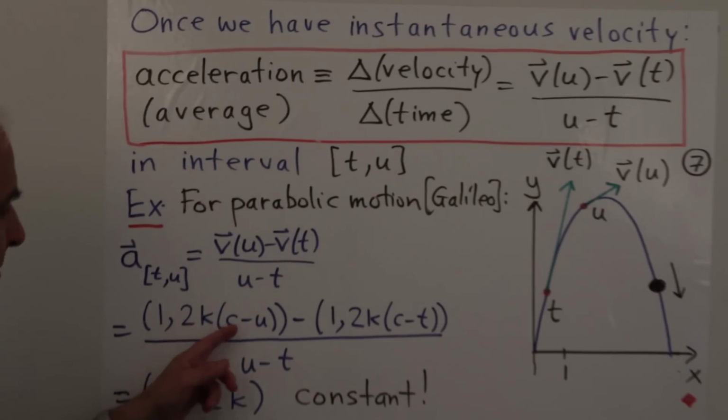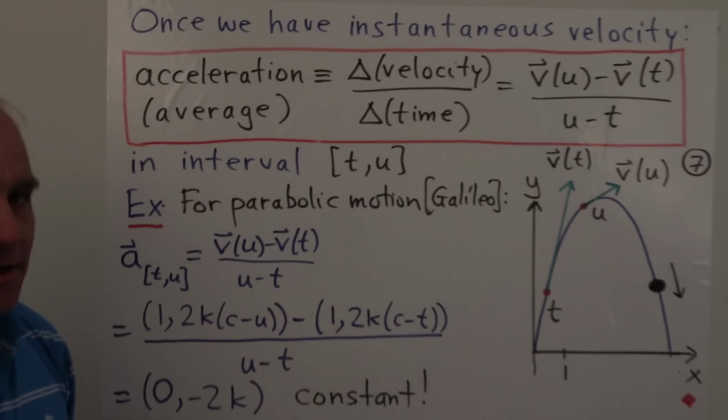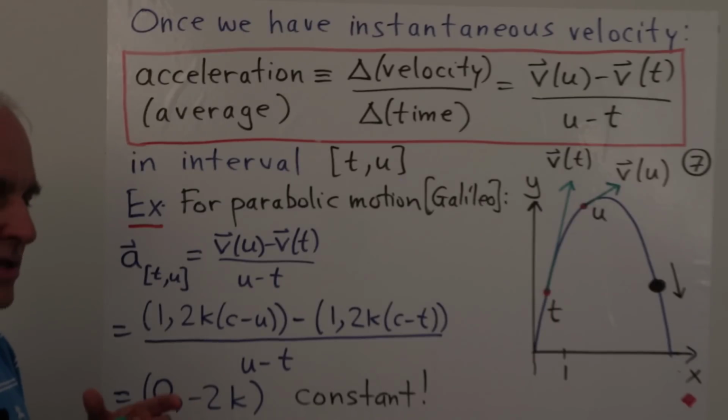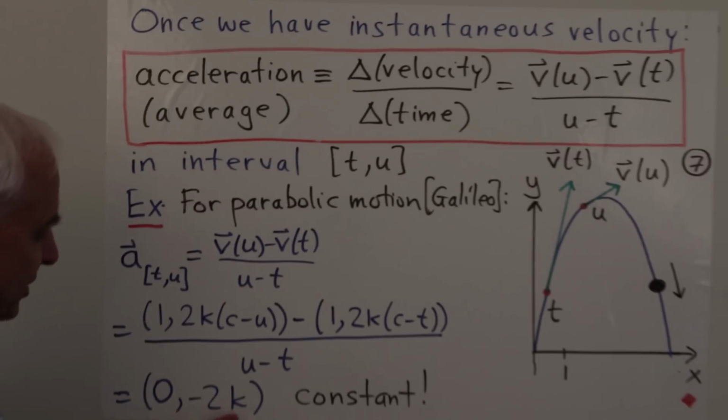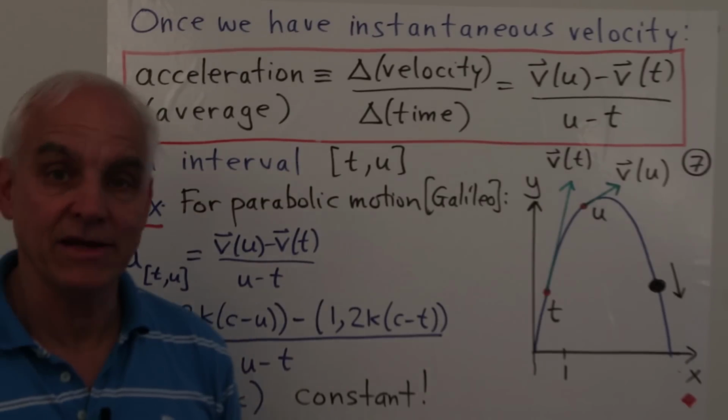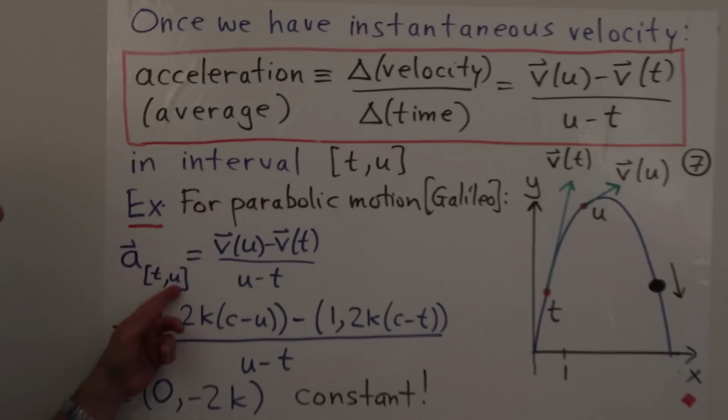And then there'll be a 2k times minus u here, and then a plus 2kt. So that's 2k times (minus u plus t). So when we cancel with the u minus t, we'll just get minus 2k. Now that's a very interesting result because it no longer has any dependence on either t or u.